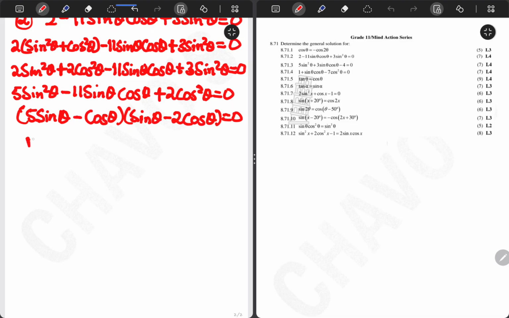Let's have it this way: 5 sine theta equals cos theta. Then we can divide by cos first to have 5 tan theta equals 1, until you have your tan.